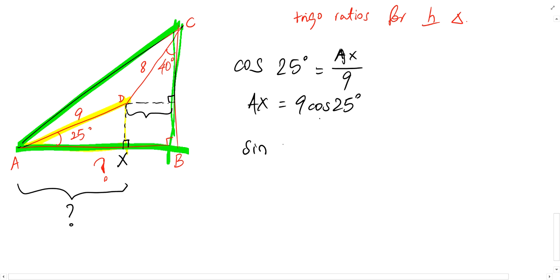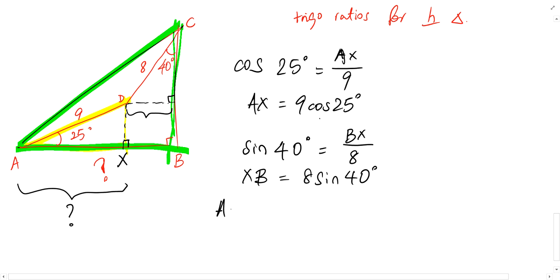Sine 40 degrees equals to BX over 8. Okay, correct. So BX, XB, they are same. Some of you wanted to call this point Y, for example. Sure, you can do that, but no point, you already have it. Okay, so here we have XB equals to 8 sine 40 degrees.